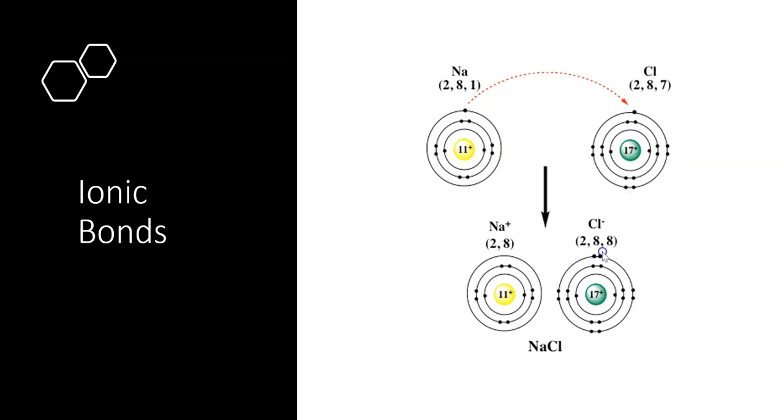So chlorine gains an electron from sodium to fill that valence shell, but now has a negative charge. Sodium has given away an electron, but now has a positive charge. And now, because it's a positive and a negative charge, there's this static force between them that holds them together, and hence they are bonded. This only occurs between metals and non-metals.